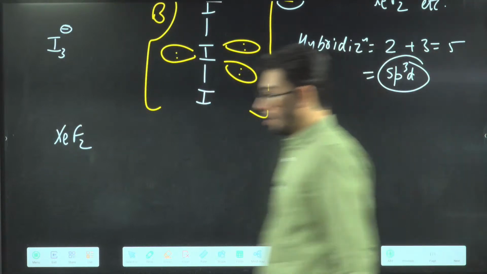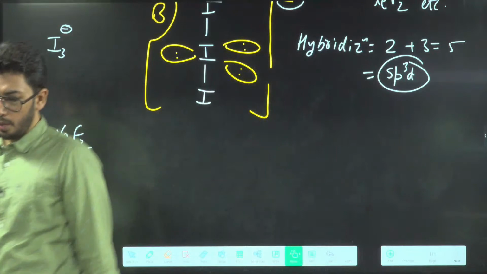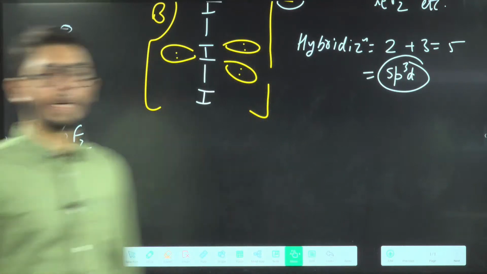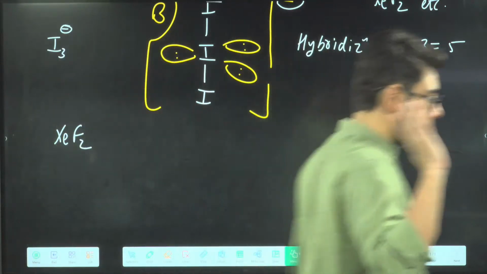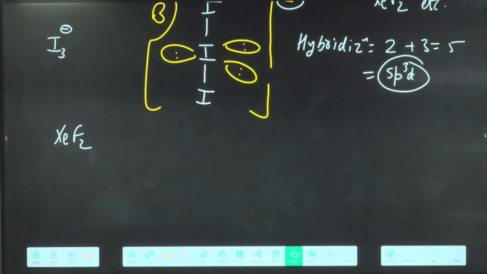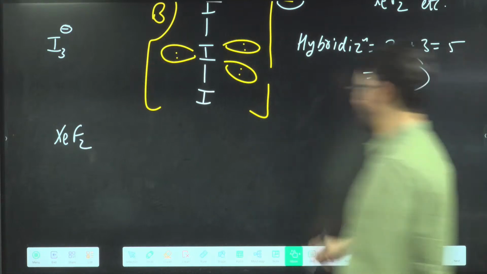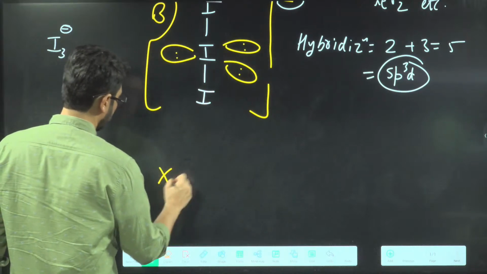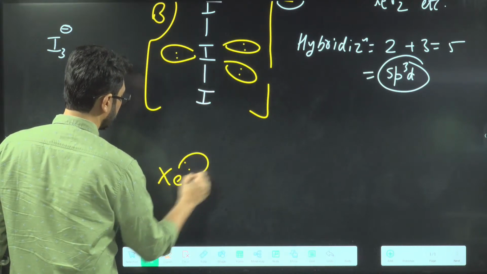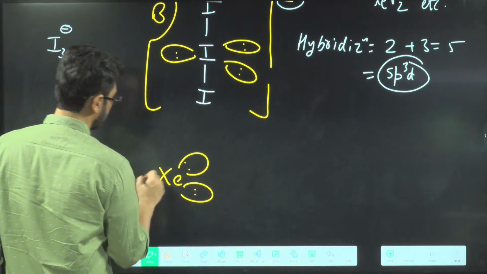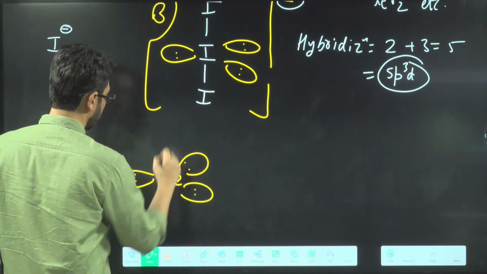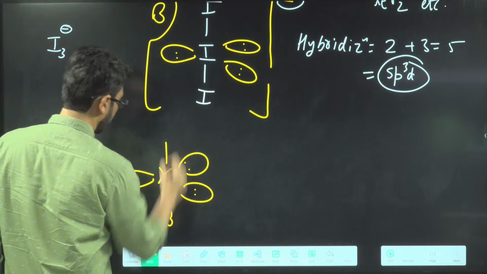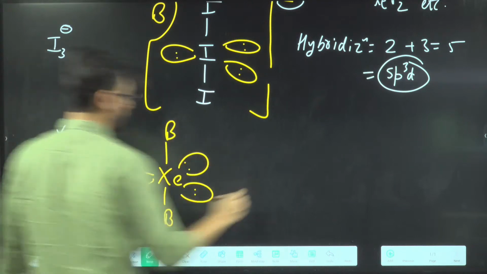XeF2. With fluorine, 2 single bonds. How many electrons used? Out of 8, 2 electrons used. Then how many left? 6. 6 means 3 lone pairs and 2 bond pairs. So it is which type? AB2L3 type. So firstly you will remember it is an AB2L3 type structure. 3 lone pairs at equatorial and 2 bond pairs.